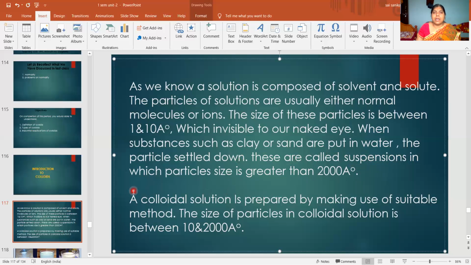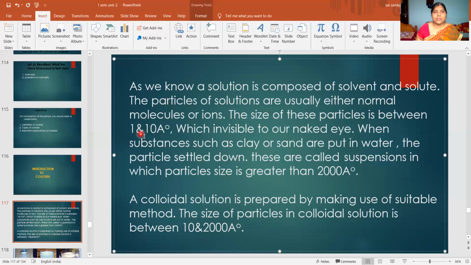Then a colloidal solution is prepared by making use of suitable methods. The size of the particle in colloidal solution is between 10 and 2000 angstrom units.